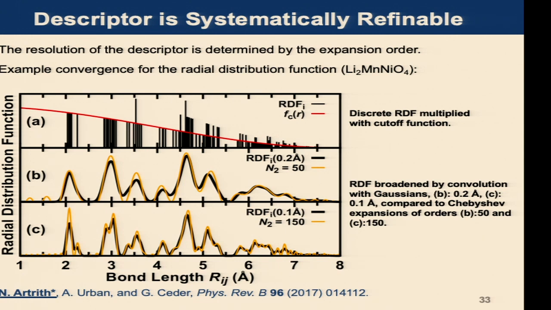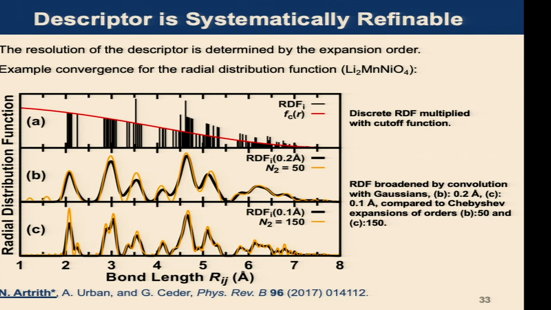This is the actual discrete RDF, and the red curve shows the cutoff function. In this case, again, I use 8 angstrom, as you can see here. So how will we use the descriptor to describe these structures? For the B function here, we are using only a descriptor size of 50.